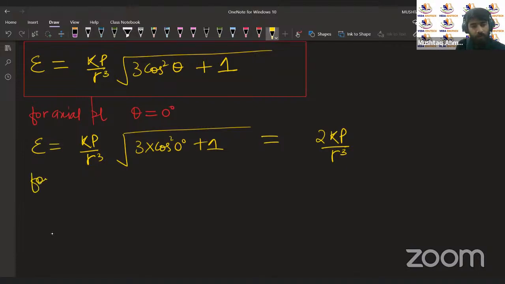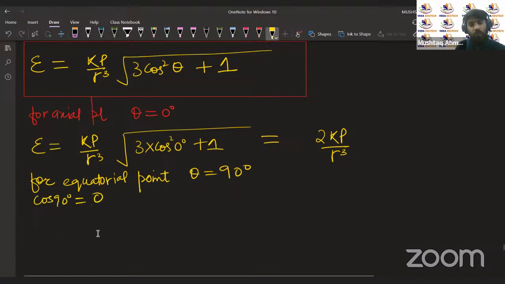And similarly, for equatorial point, theta will be equal to 90 degree, right? And we know that cos 90 degree is equal to 0, right?